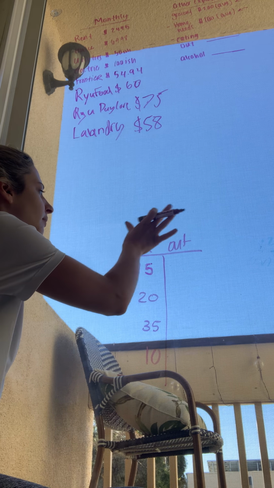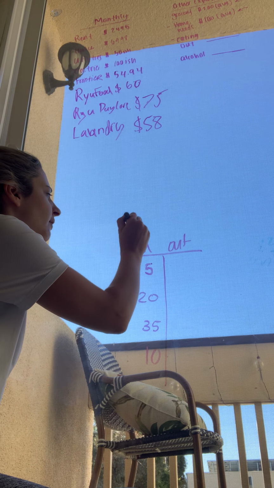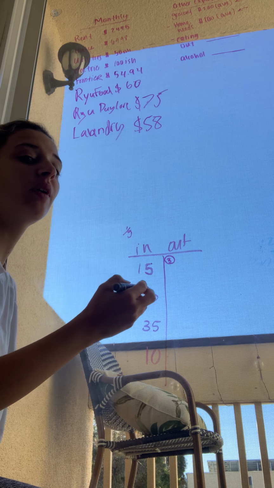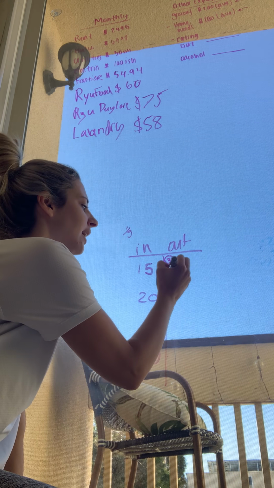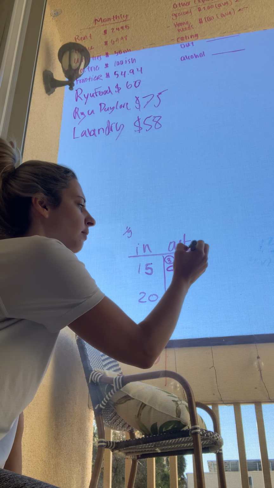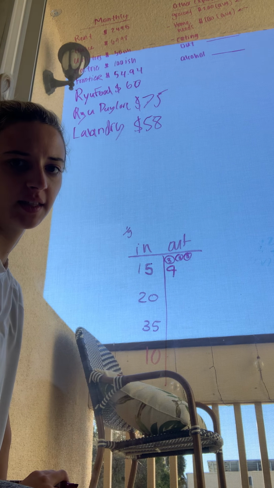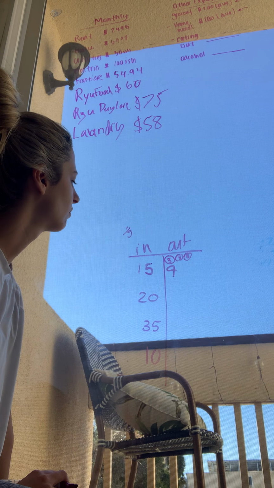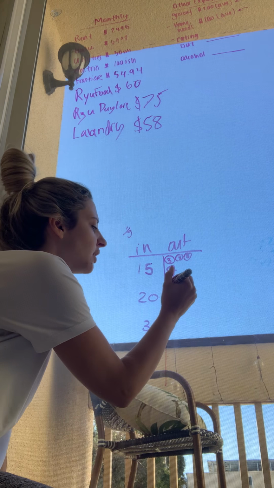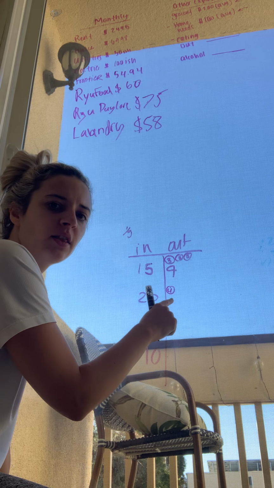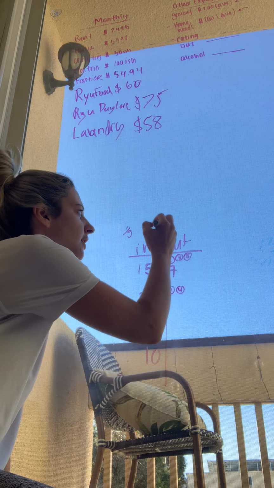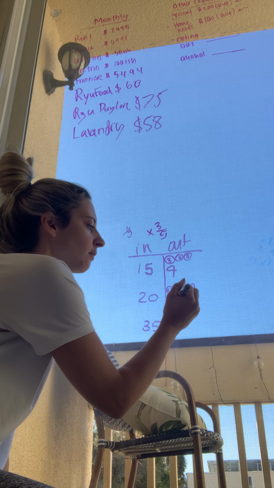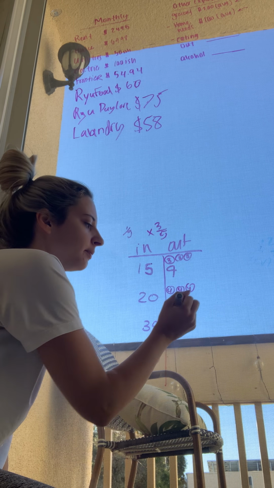So if 1/5 was 3, then 3/5 would be 9. All right, if 1/5 of 20 was 4, then 3 of these, 3/5, that's our rule, times 3/5, would be 12.